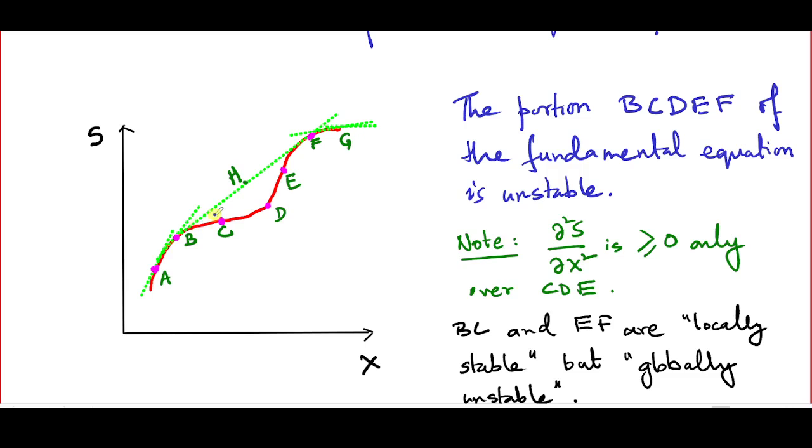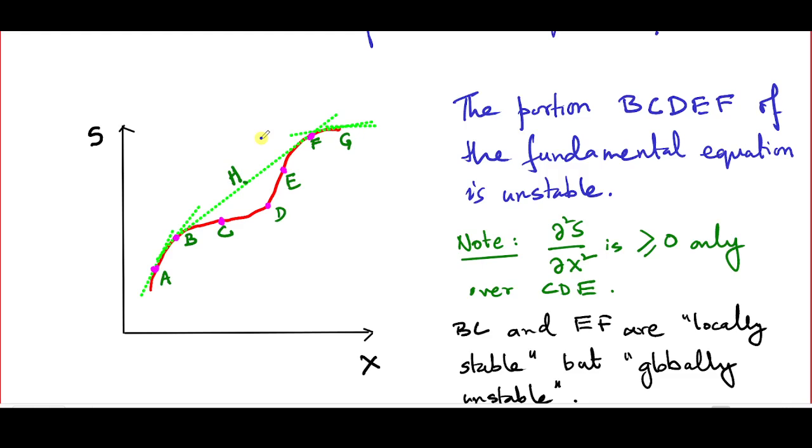Take any 2 points in this region and draw a chord, the curve will lie below the chord. So, here we have an unstable fundamental equation, or really a fundamental equation depicting an unstable system.